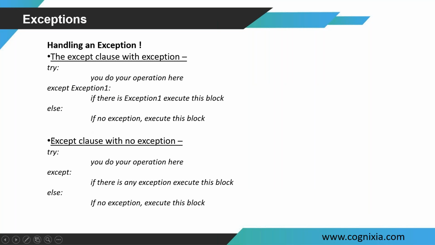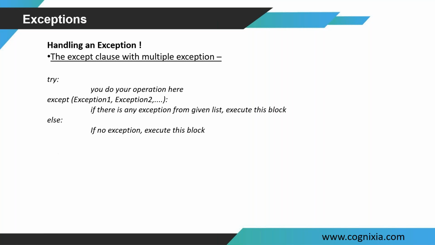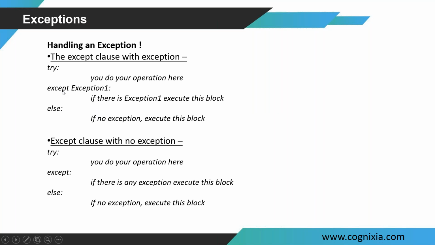Okay, we have seen except clause with no exceptions, which is basically handling everything without any argument, right? Generic, you can say that, or no particular exceptions we have mentioned. And lastly, we have an except clause where we can put multiple exceptions. Right? So the difference is very simple.